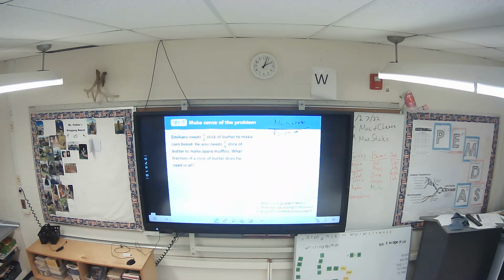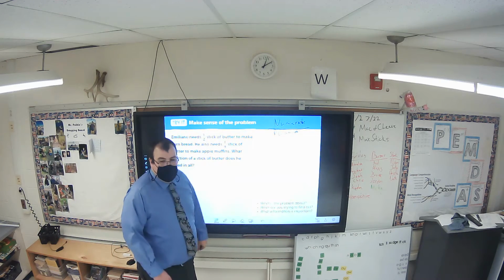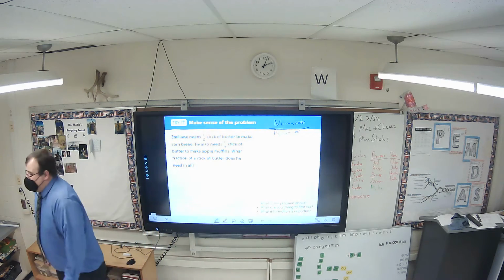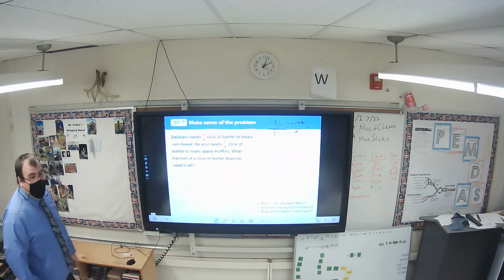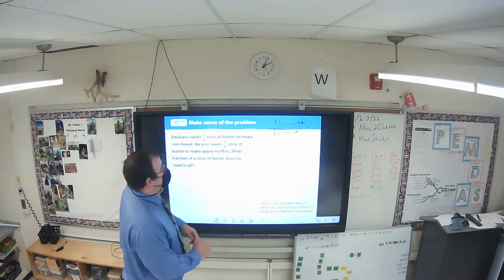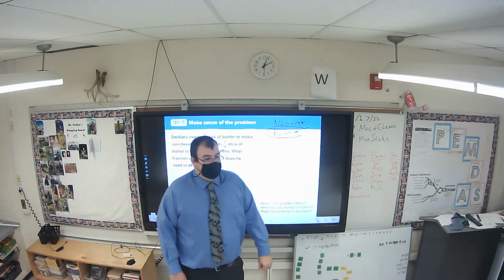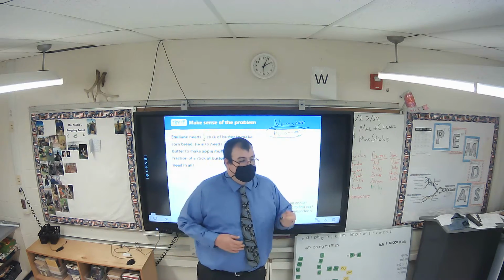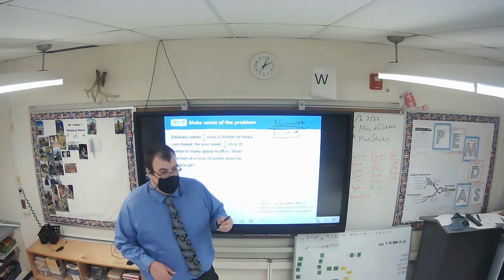I'm pretty sure I spelled denominator wrong, but we don't care about that right now. So the denominator always has to be the same when you're adding fractions. When you add and subtract fractions, the bottom number for both fractions has to be the same, right?